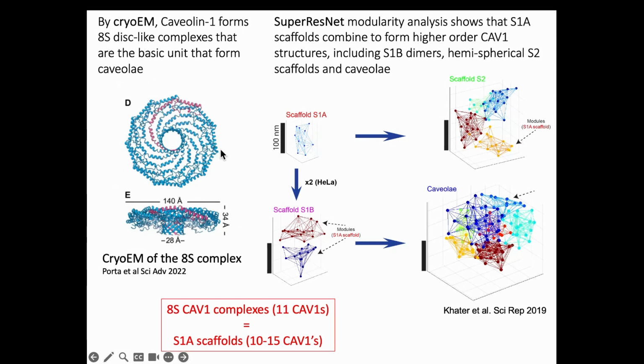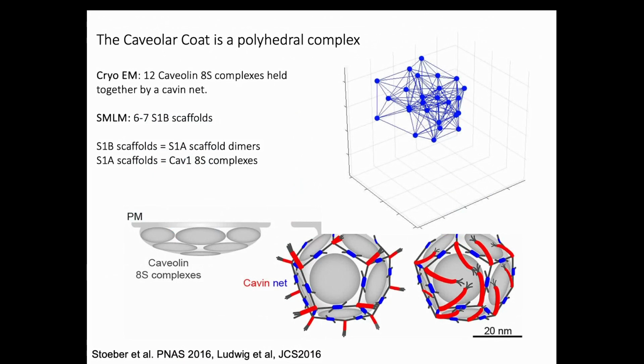And this 8S complex actually corresponds to one of the structures, or scaffolds, that we discovered by SuperResNet, which is S1A scaffolds, which have about 10 to 15 Cav1s per group. We also found that S1A scaffolds can come together to form dimers, S1B scaffolds. They can come together to form these hemispherical structures, which we call S2 scaffolds, and they can also come together to form these larger structures, the blue structures that I showed you before, that are more round and spherical and correspond to caveolae.